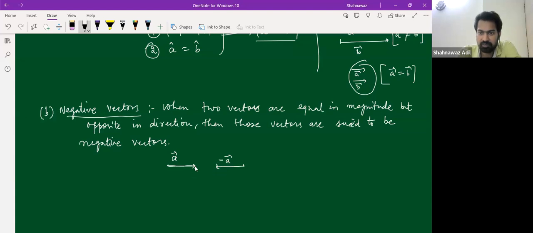So let us write it mathematically: the first condition is that A magnitude is equal to B magnitude, and the direction A hat is the negative of B hat. Understood, guys? So this direction is A hat, and this direction is minus A hat. Then these two will be called negative vectors.